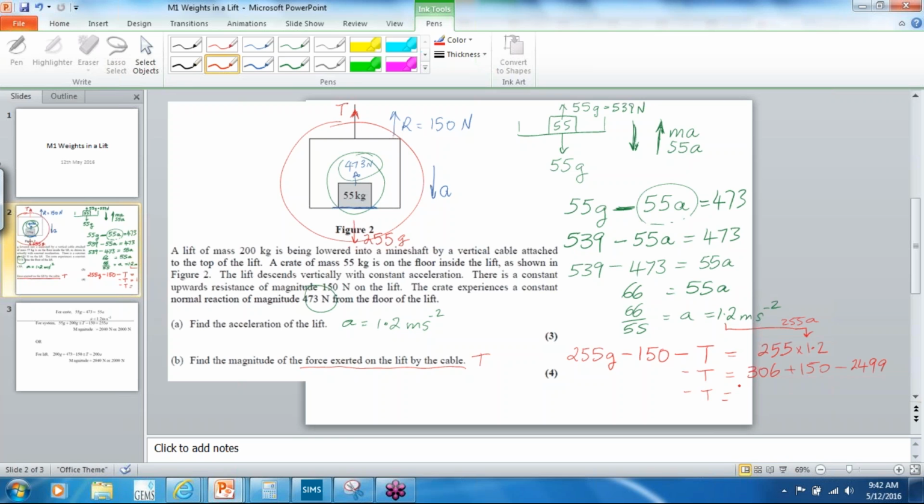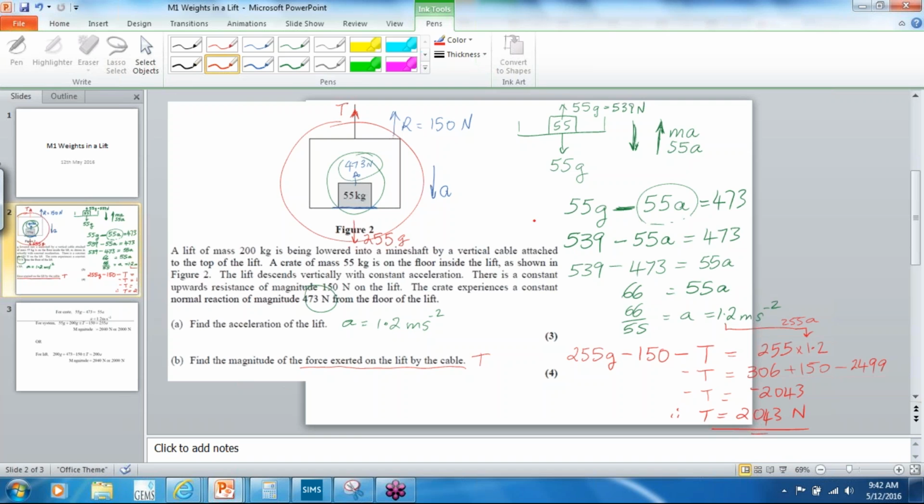Negative T will equal 306 plus 150 minus 2,499, and that equals negative 2,043. Therefore, T will equal 2,043 newtons, and that is the magnitude of the force exerted by the lift on the cable.